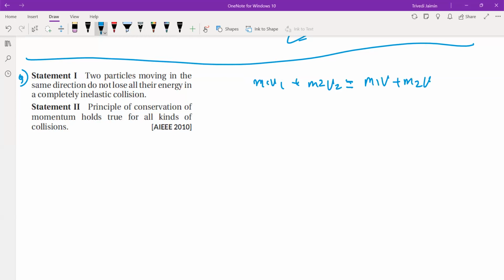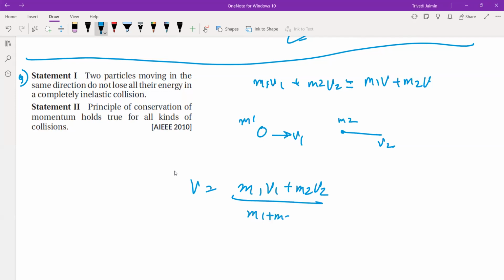Why are we doing this? So that this object of mass m1 moves with velocity v1 and this object has m2 v2. From this we can find v: m1 v1 plus m2 v2 by m1 plus m2. That's what we found in that equation.